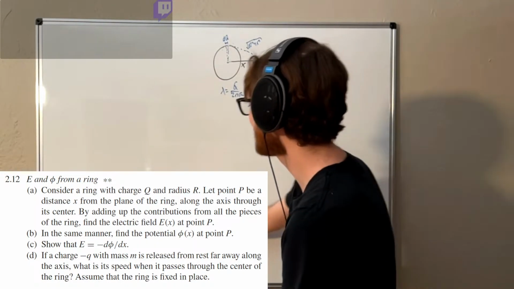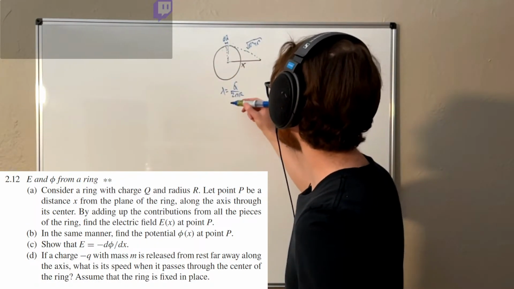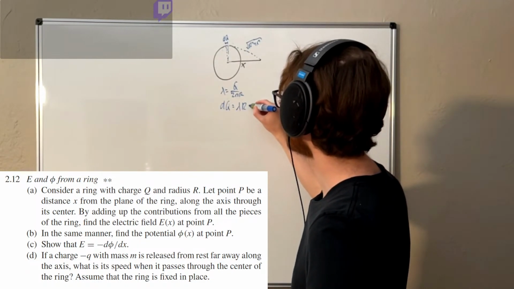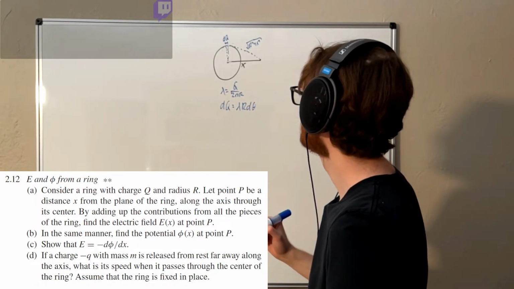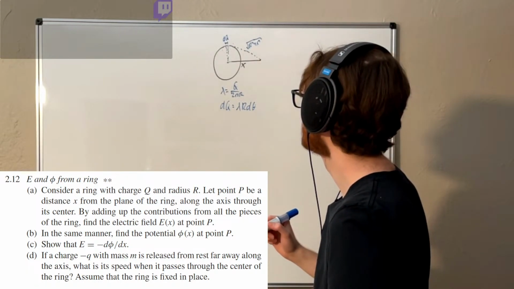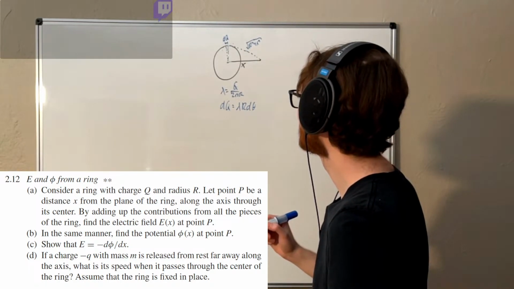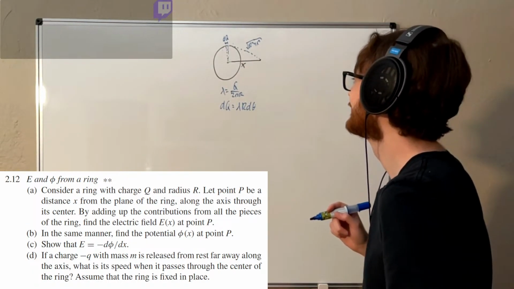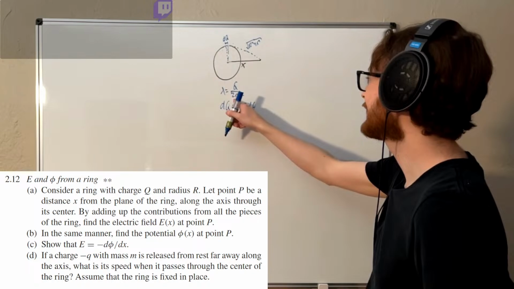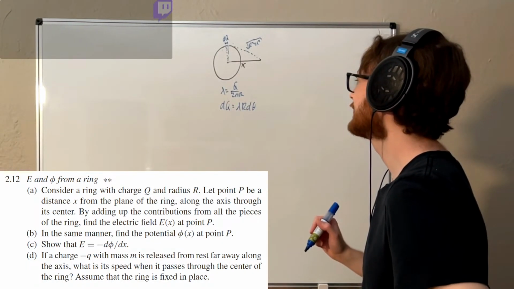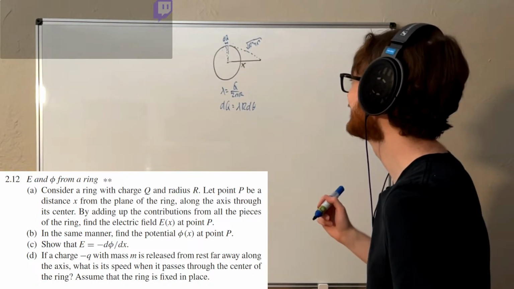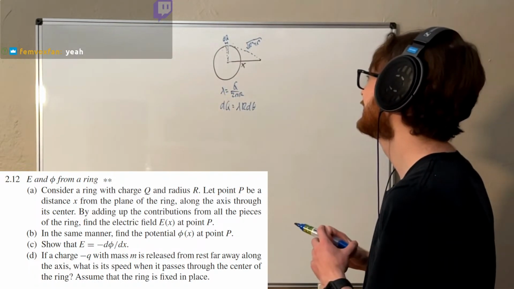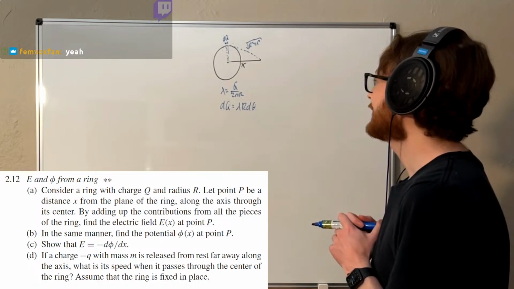This is for the entire ring. But would we actually say that dq is equal to lambda r d theta? I think we do. Because 2 pi is the entire ring, but we actually want to vary that 2 pi, weirdly enough. So I should have called it theta. Well, no, it's accurate for that part. Anyway, I think that's what we want.